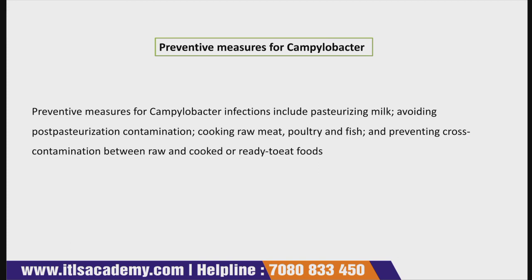Whenever you are consuming any raw meat, you should always properly wash it before using, and properly cook it. You should always add certain spices to prevent spoilage. And of course, you should always prevent cross contamination.